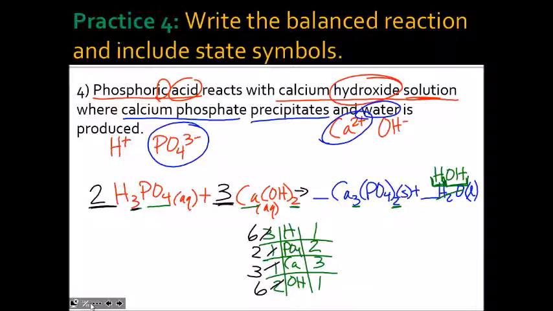So, as you can see, it nicely worked itself out for us, because what do we just need to put over here to fix it? 6. Just need to put a 6 here. Very good. So that goes to 6, that goes to 6, and everything appears to be balanced now. Very good.